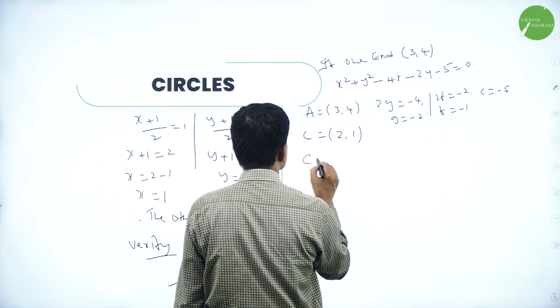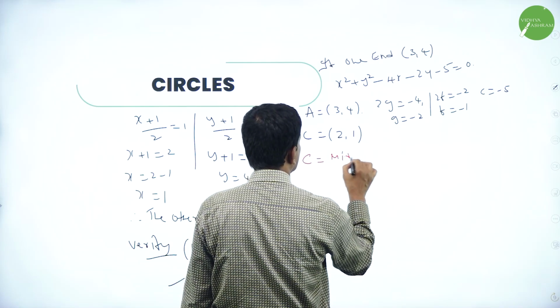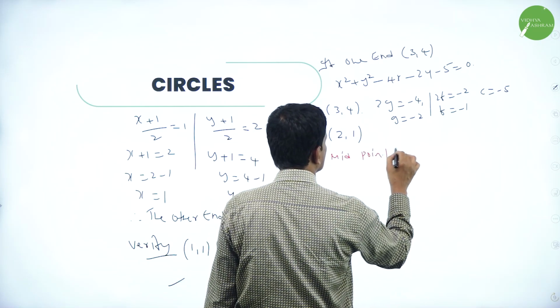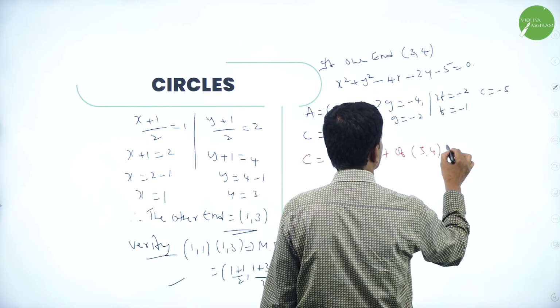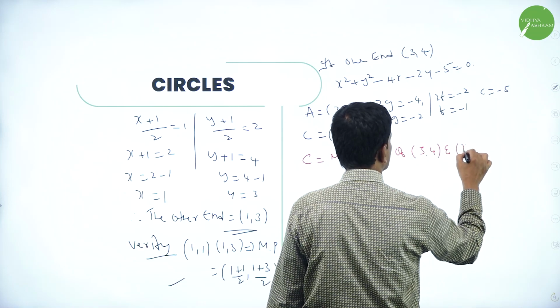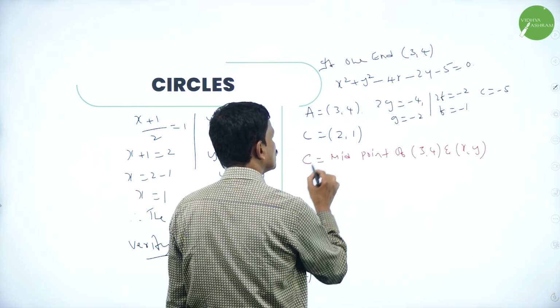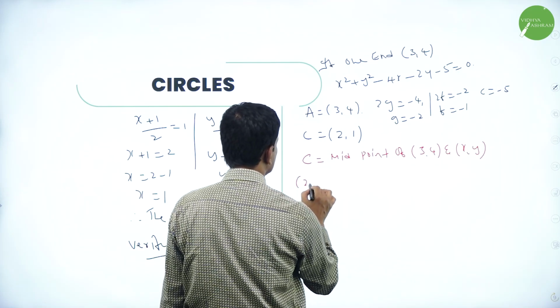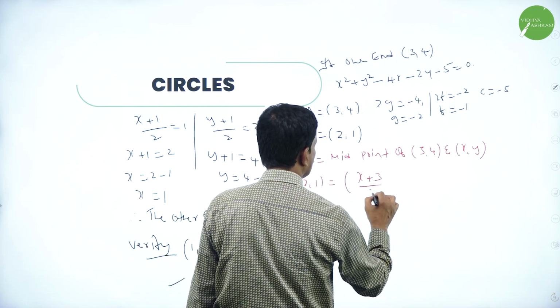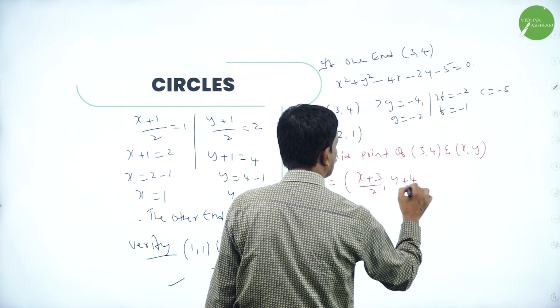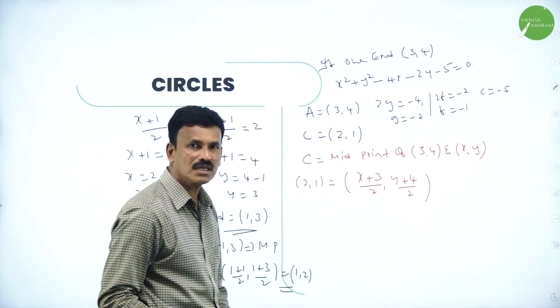Since the center C is the midpoint of (3, 4) and (x, y), the center (2, 1) is equal to ((x plus 3) by 2, (y plus 4) divided by 2). Simplify.